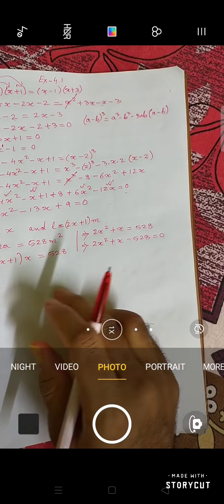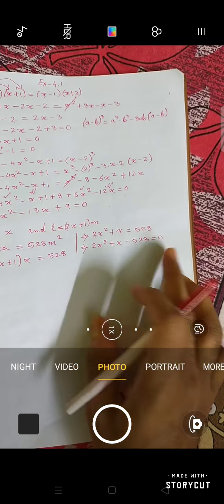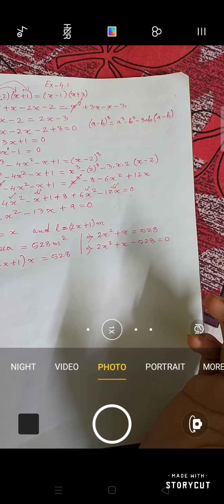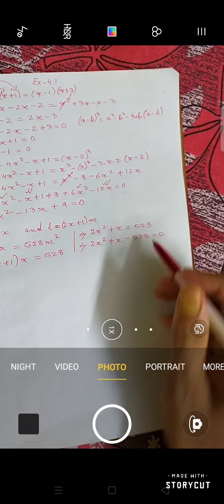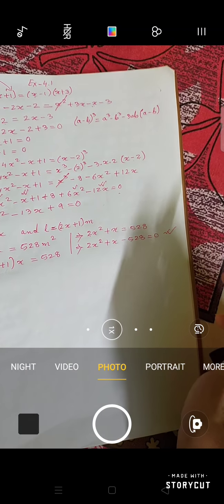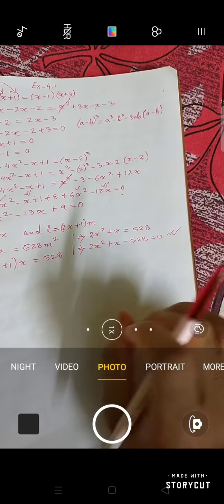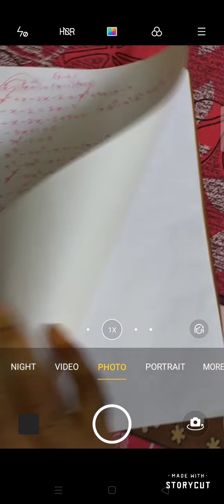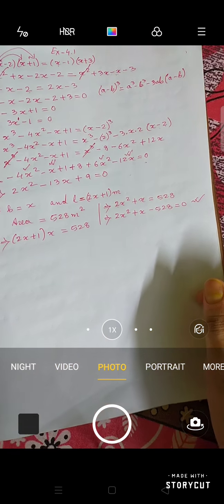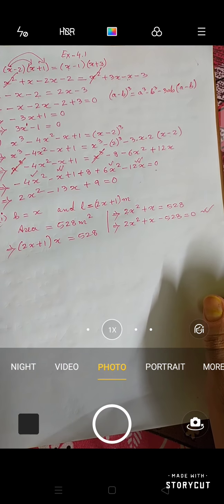Now if you want, you can solve it by middle term factorization, your choice, because in the question they told you to frame a quadratic equation only. That means your answer is over here only, but we will find the length also. You can see in the question it is said to represent the following situation in the form of a quadratic equation.